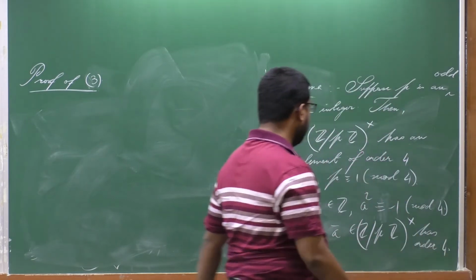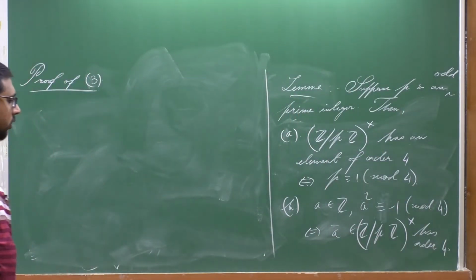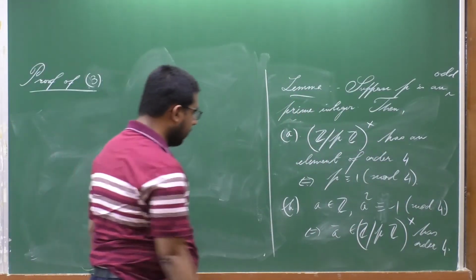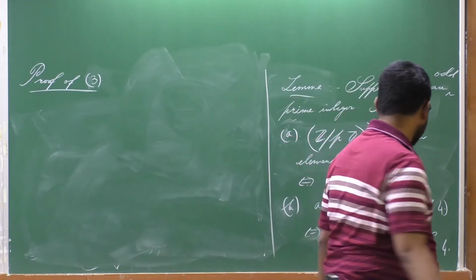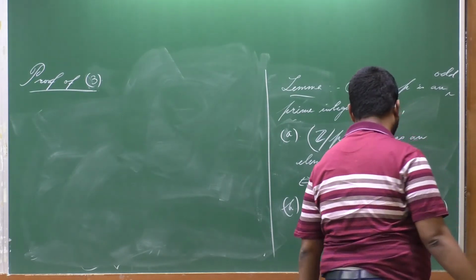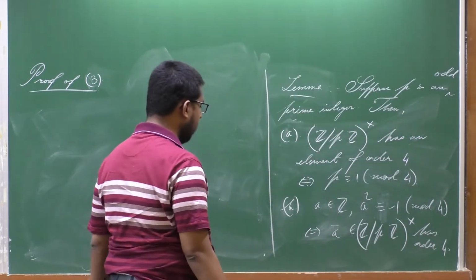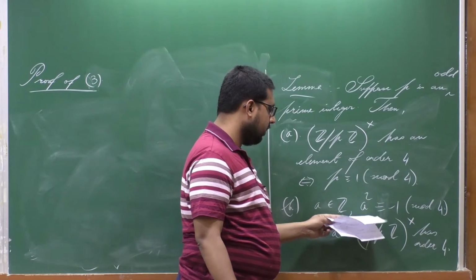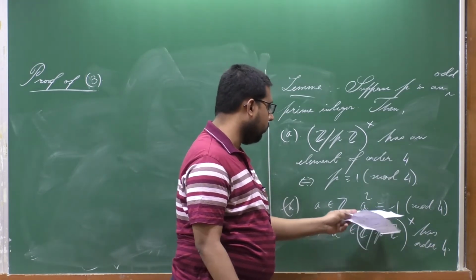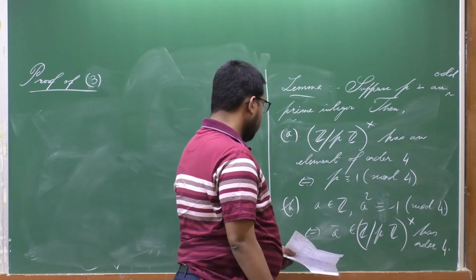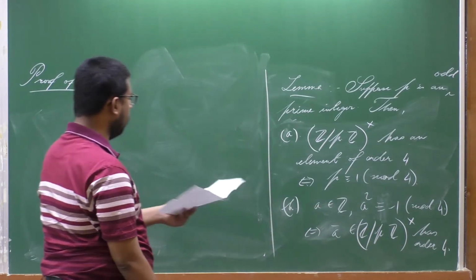Because if A square is congruent to minus 1 modulo P, then certainly A cannot be 1, and therefore A to the power 4 is going to be 1 modulo P, and that is exactly what you want.